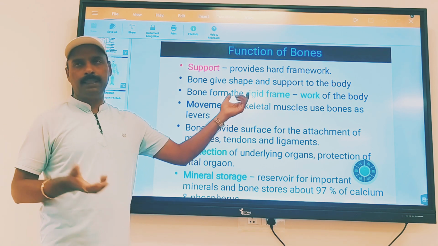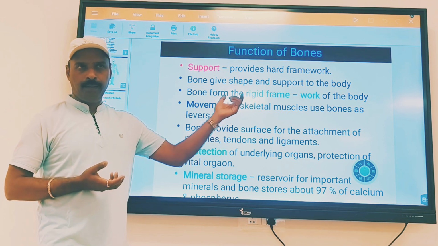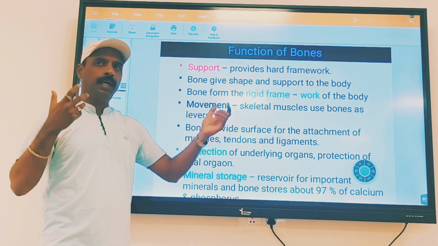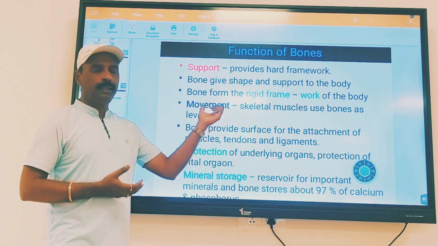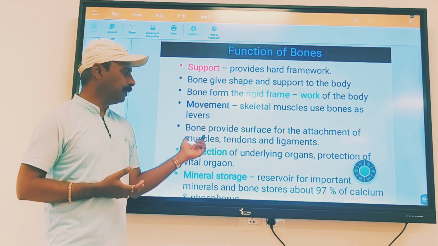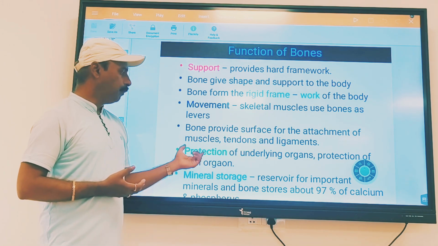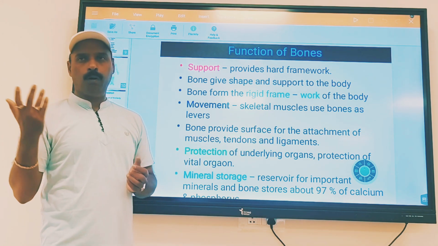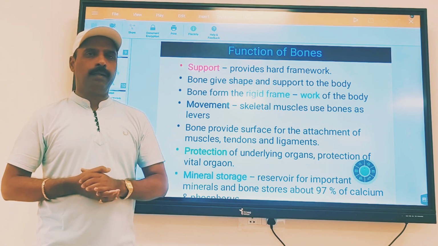We have different muscles: skeletal muscle, smooth muscle, cardiac muscle. But the muscles which attach to the bones, those we call skeletal muscle. Bone provides surface area for the attachment of muscles, tendons and ligaments. Then protection, as I told you all, it acts like a protective outer covering.